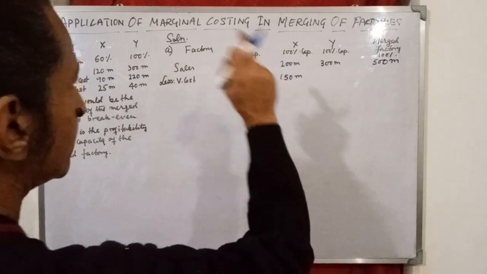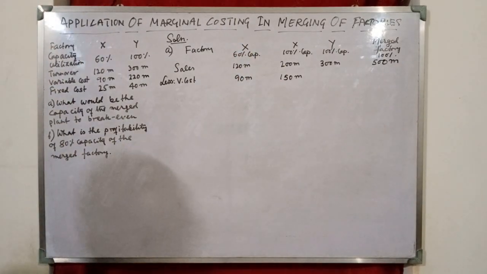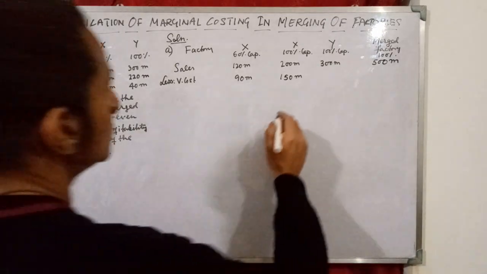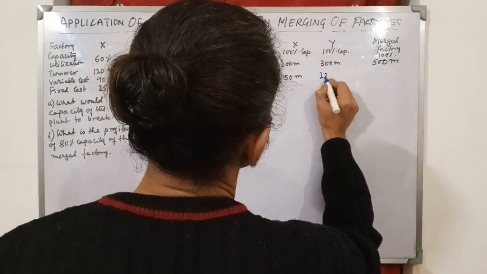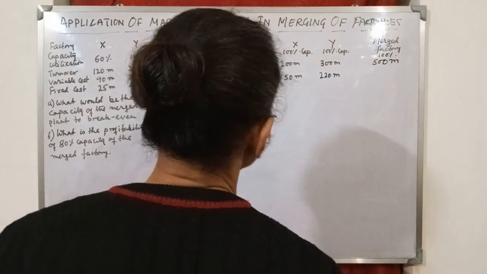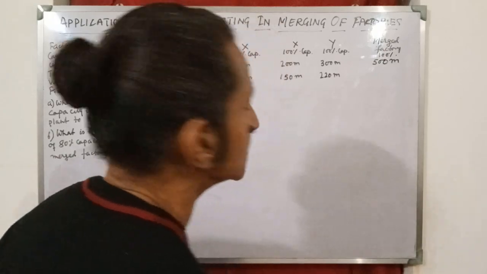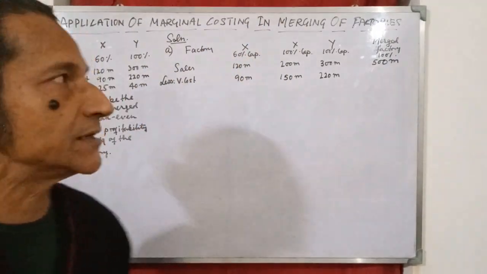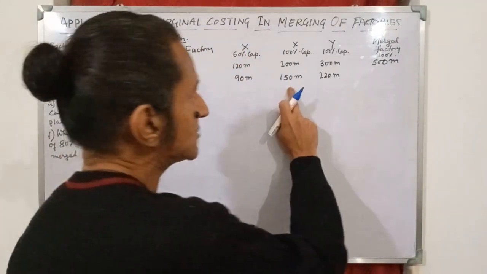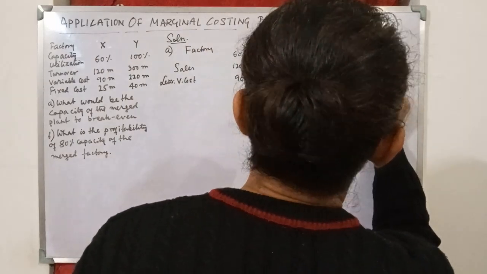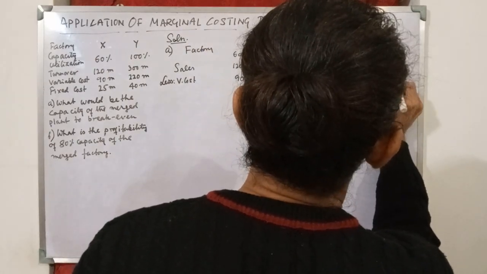So this gives 150 million. Correct. And the variable cost of plant Y is 220 million. Therefore, the variable cost of merged factory with 100% capacity utilization is 220 plus 150. So that gives us 370 million.